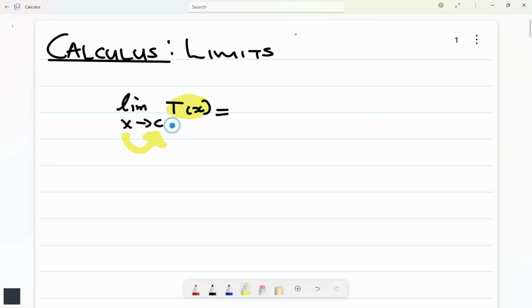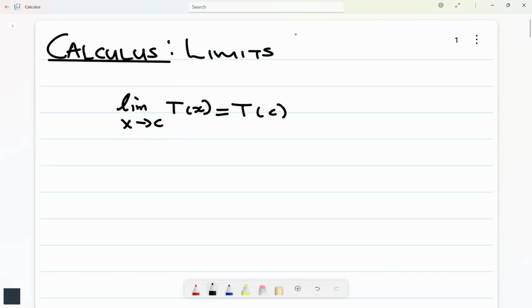In place of x, we substitute c. So this is going to give us f of c. Okay. This is what we mean by the limit.